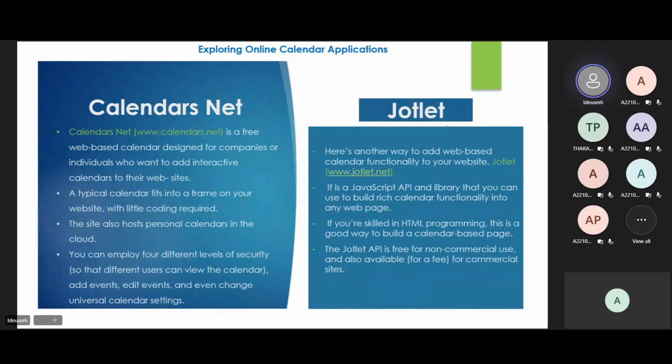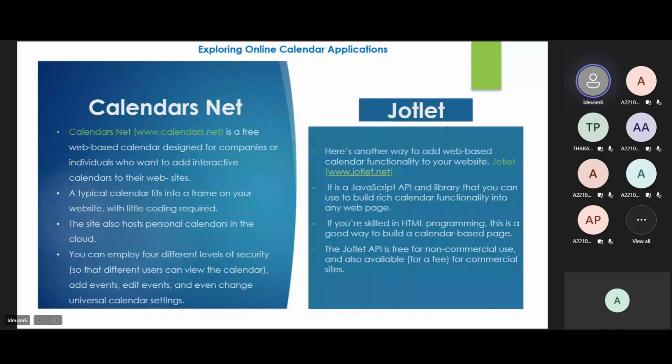Here also we can provide different levels of security, and you can also add events, edit events, and even change universal calendar settings. If you want to do all these things, you can provide permission. If you're sharing a particular calendar with your friends, the friends can view, or they can edit. You can give permissions accordingly. So this is Calendars.net.